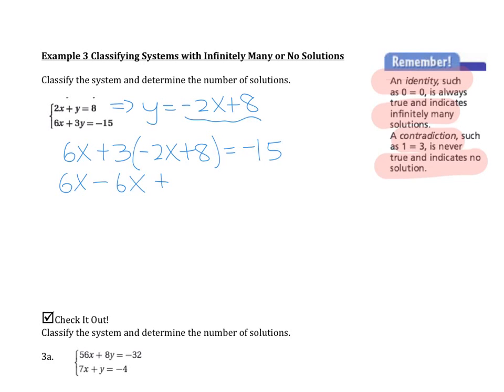Distribute. And these will go out. You get 24 equals negative 15, which is false or a contradiction, which means there's no solution.